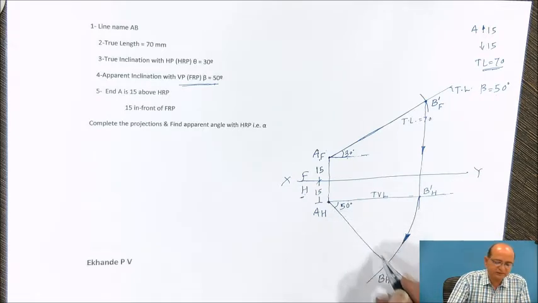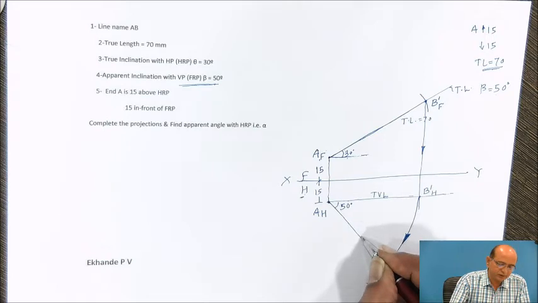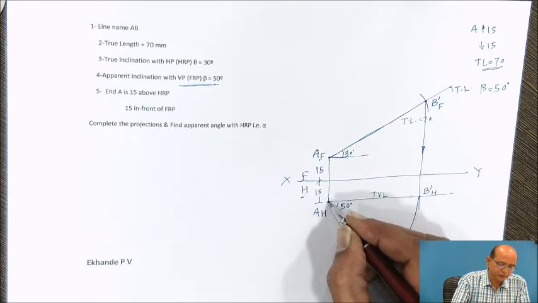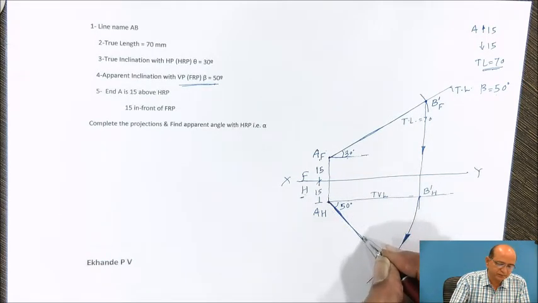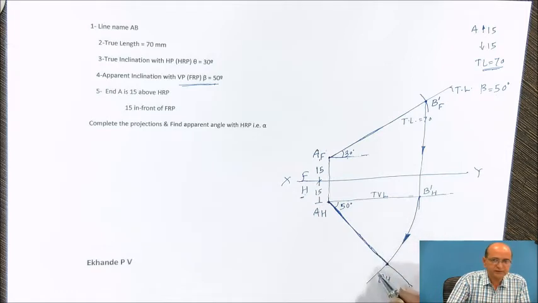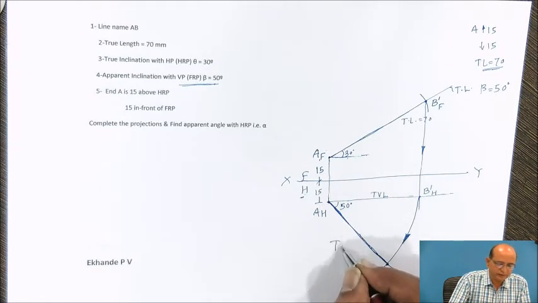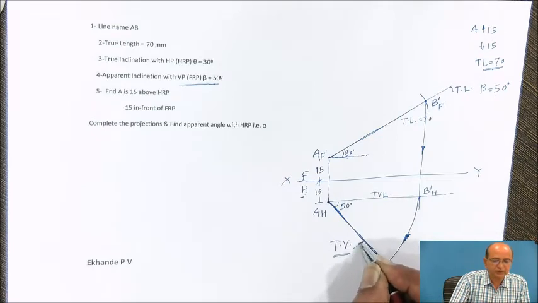Now the line drawn at 50 degrees is a line indicating true length, and this much length is the top view of the line. So this line which I am making as a dark line is the top view of the line, correct.